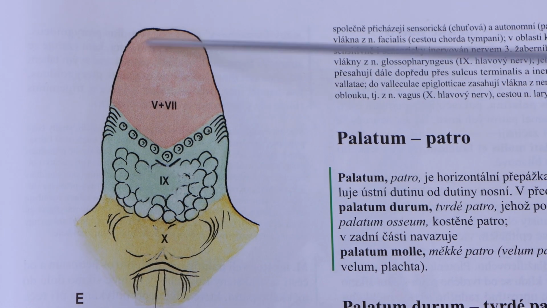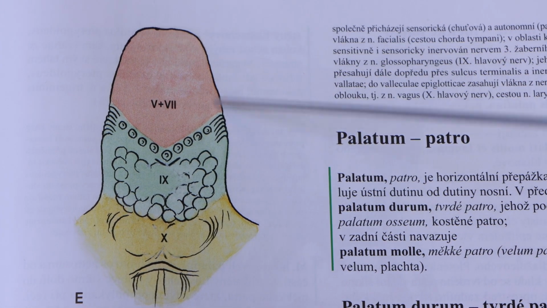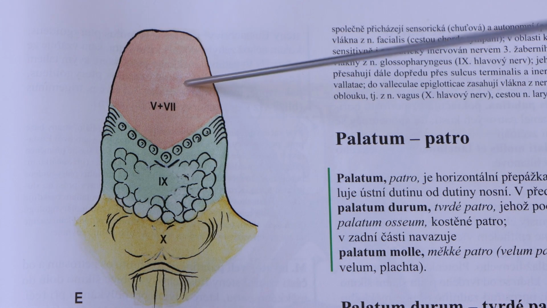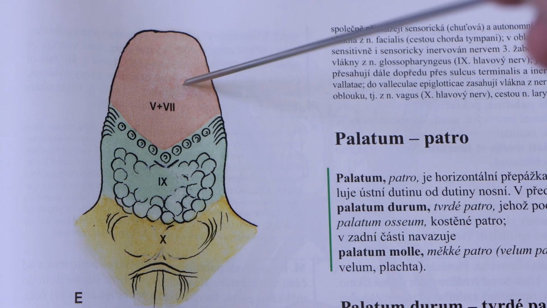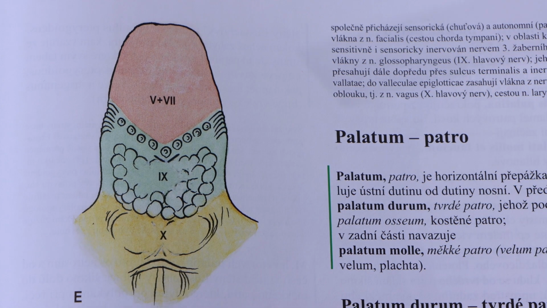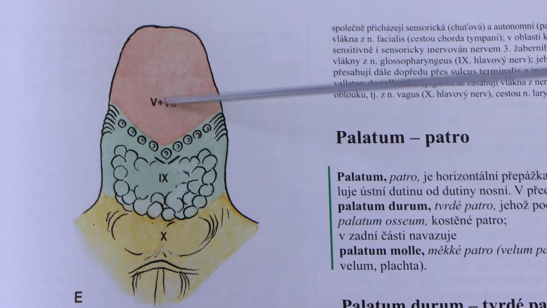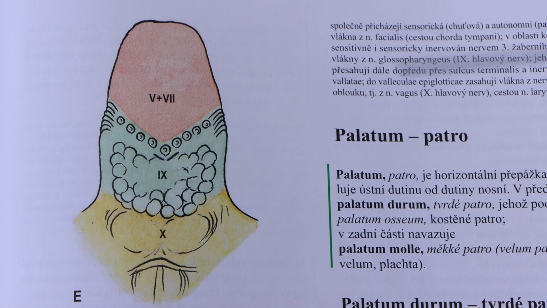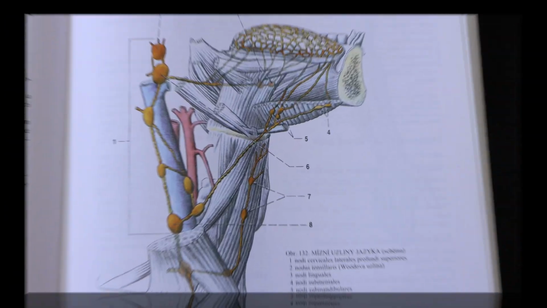So the taste innervation for the anterior two-thirds of the tongue is by chorda tympani, a branch of the facial nerve. This is the difference between sensitive and sensory, meaning the general sensation and the taste fiber innervation of the tongue.